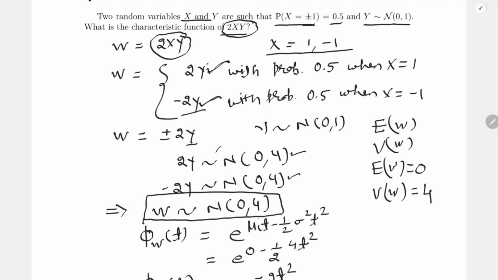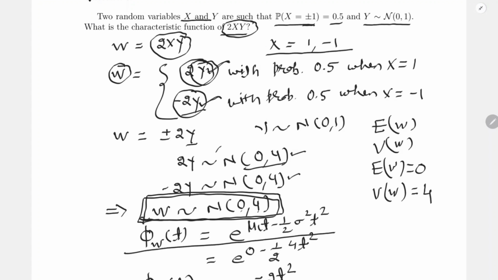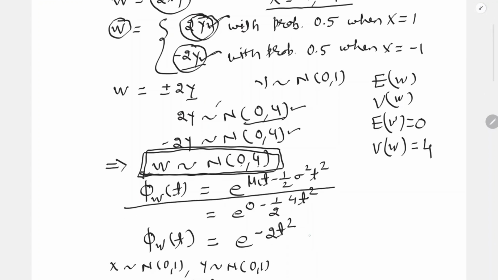Since Y follows a normal distribution, 2Y and minus 2Y follow the same normal distribution with parameters 0 comma 4. So the split function W, or this random variable W, will also follow a normal distribution with parameters 0 comma 4. We can substitute the values of mu and sigma in the characteristic function, and we obtain the characteristic function as this one.